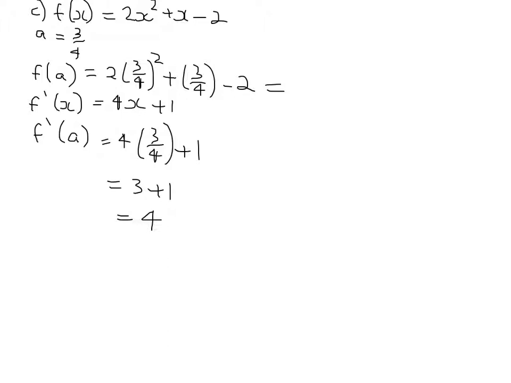And f of A equals minus 1/8. So I can sub it into the formula. Let's write Newton's method, just so you remember it: a1 equals a minus f of a on f dash a.